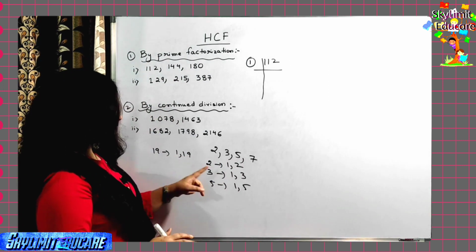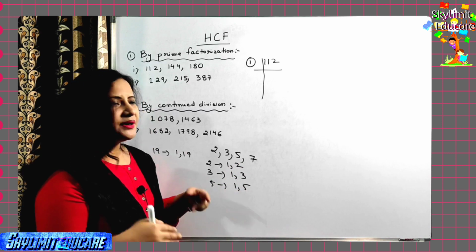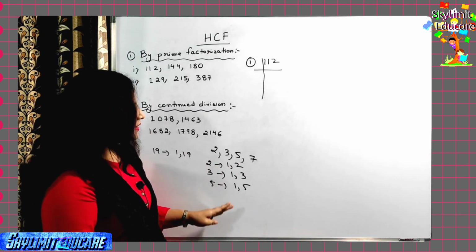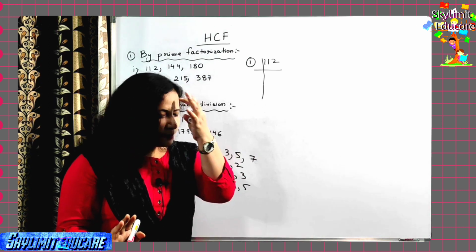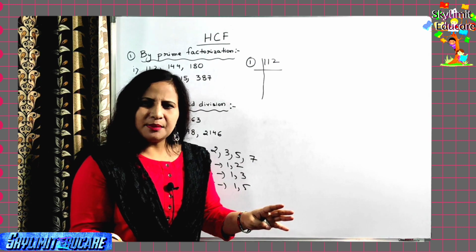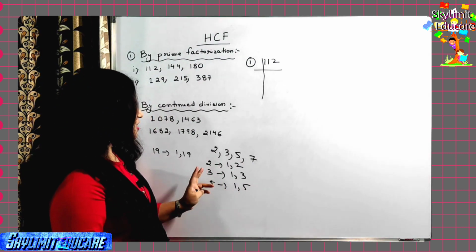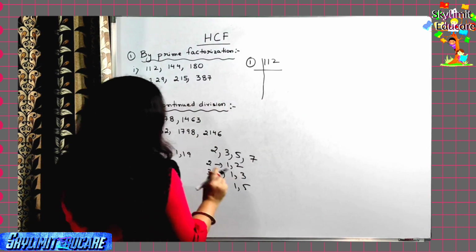One of the factors is always 1, and the other is the number itself, and apart from that they don't have any other factor. But the numbers which have more than 2 factors are called composite numbers. So let's take only the prime numbers.